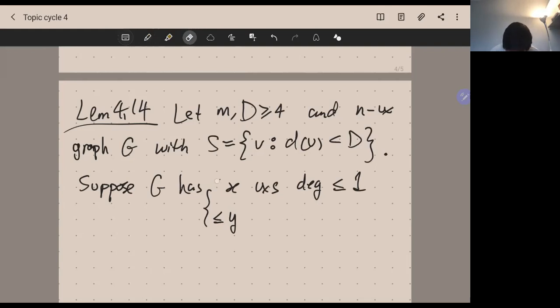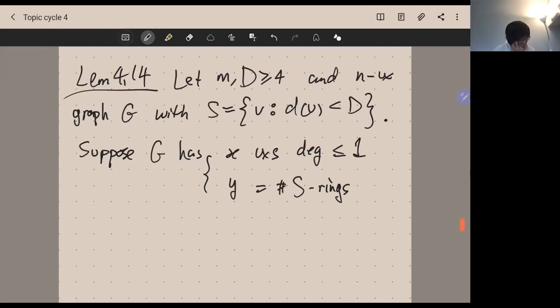I don't need to say at most. For some X and Y, it has X vertices of degree at most 1, and Y is the number of S rings. So as we do in the hand waving part, we want to remove these S rings. Then lemma 4.14 says, and furthermore, we have these 3 conditions.